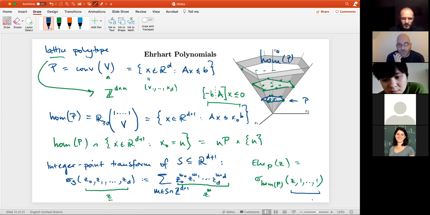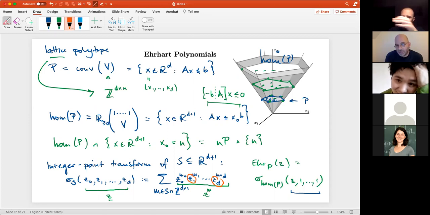But now I'm going to set most of the variables, namely these ones down to here, equal to 1. And so in terms of your monomial, that really means I'm going to ignore the m1, m2 through md coordinates of your point.